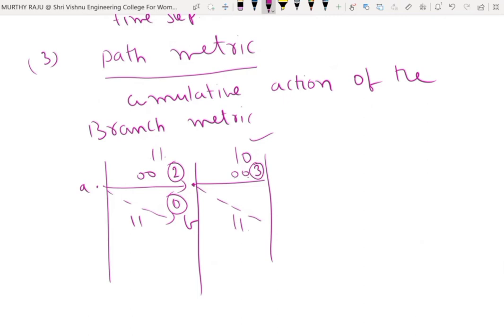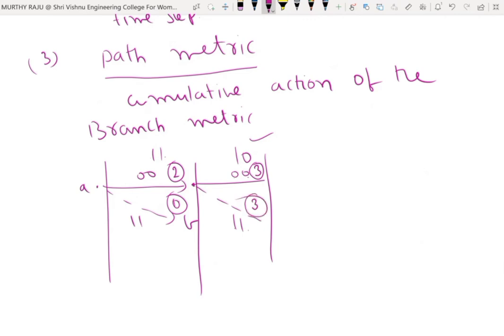Here 1 0 and 1 1, one change is there. Previous branch metric value is 2, present branch metric value is 1. Add the present value to the previous value: 2 plus 1 is equal to 3.